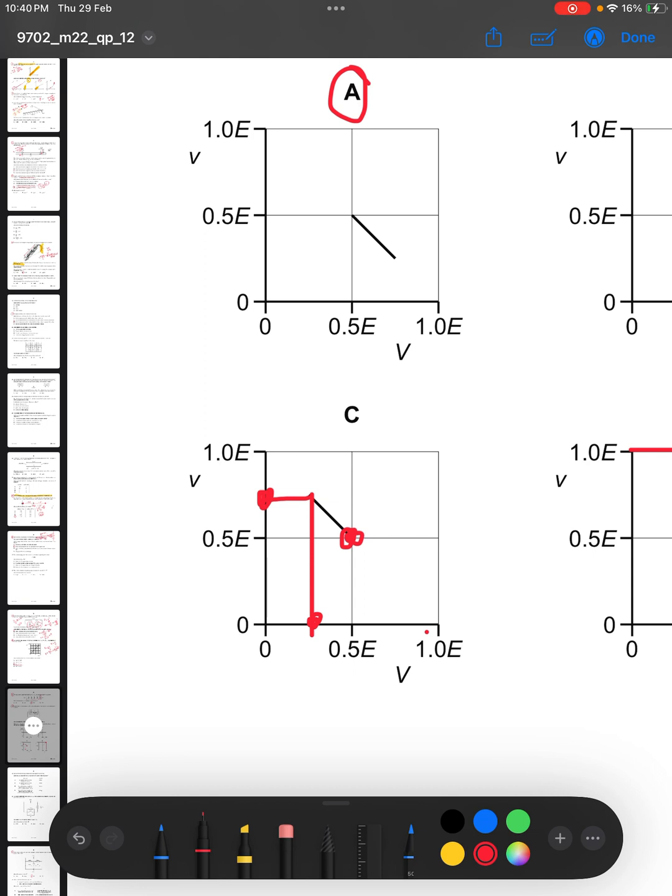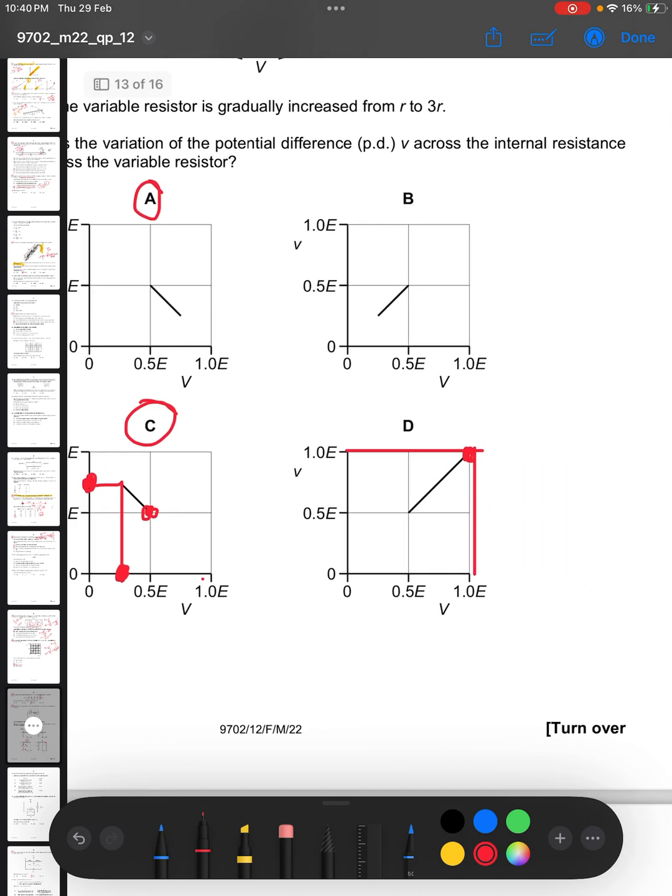But the voltage on the variable resistor must only increase. It cannot decrease because its resistance was being increased from r to 3r, which means that its share of the voltage must only increase. This C is showing it decreasing to 0.25 of the EMF while the internal resistance is now getting 0.75, which is not correct and cannot happen.